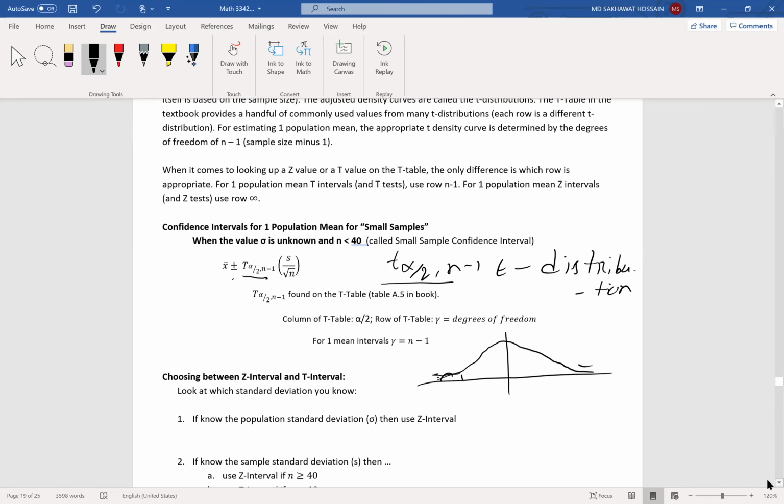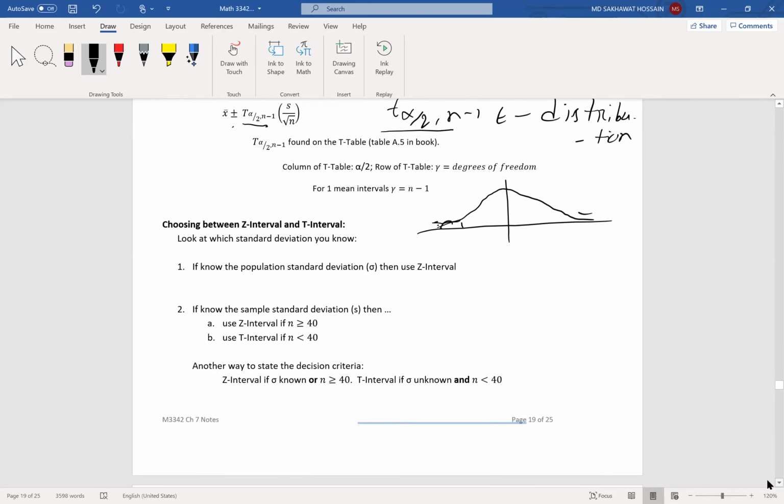Okay, so now the question is, for estimating mu, you can use two different formulas. You can use Z interval or you can use T interval. So which interval should we use? Actually, it depends on the sample size and on the value of sigma. If the population standard deviation sigma is known, then you always use Z interval.